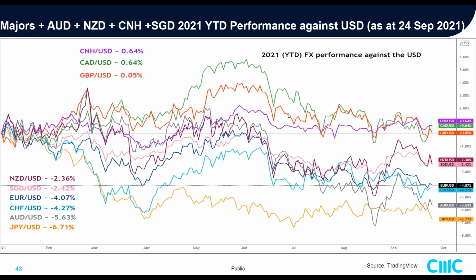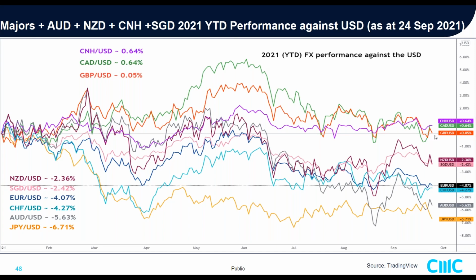What it means is that if the lines are going up from the start, that means the currencies are going up and the US dollar is depreciating. That means all these currencies are actually outperforming the US dollar. If you look at since June this year, the US dollar underperformance has started to reduce. That means the US dollar is actually showing a bit of strength.